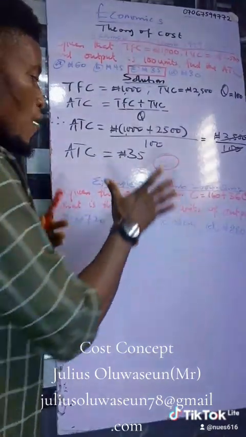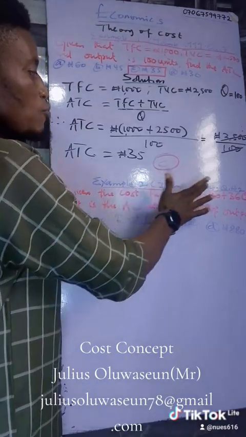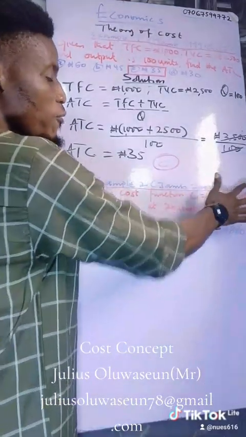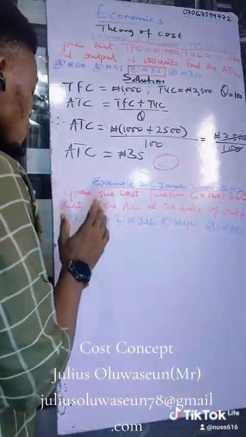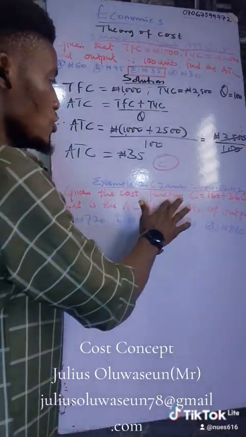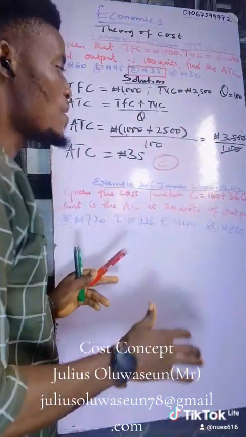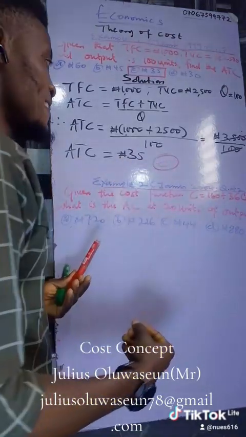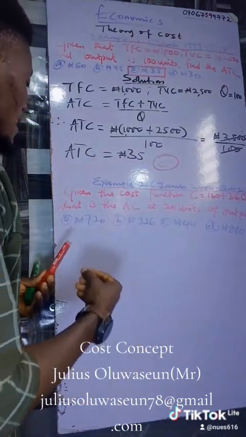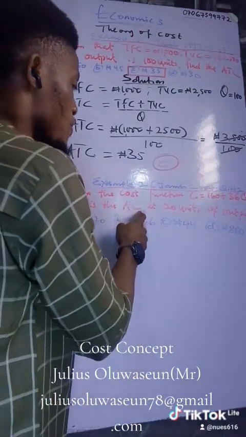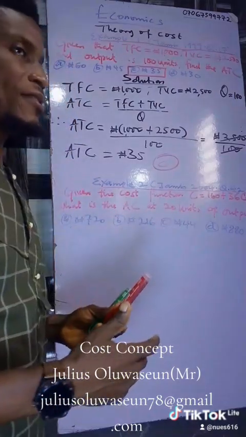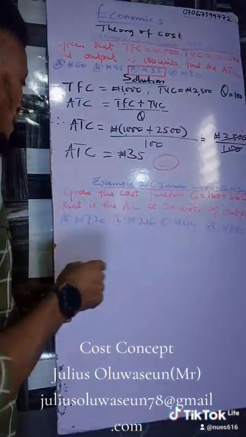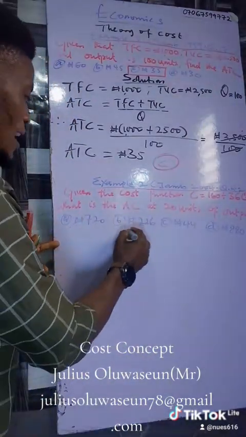Example 2 is extracted from JAMB 2004 question 42. The question is: given the cost function C is equal to 160 plus 36Q, what is the average cost at 20 units? What we are going to do in this regard is write our solution.